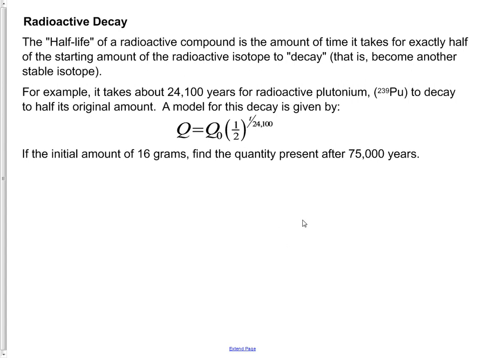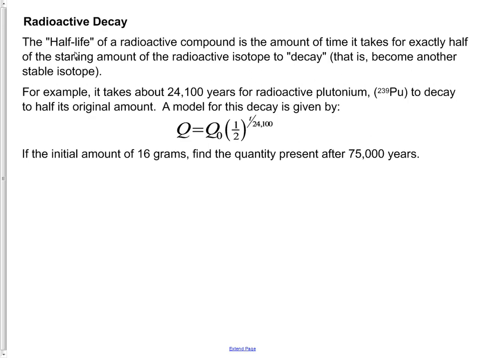So let's take one last example and illustrate something with exponential functions. This is what's called a radioactive decay application. The main thing about radioactive decay, most people think of, is something called half-life. What is a half-life?